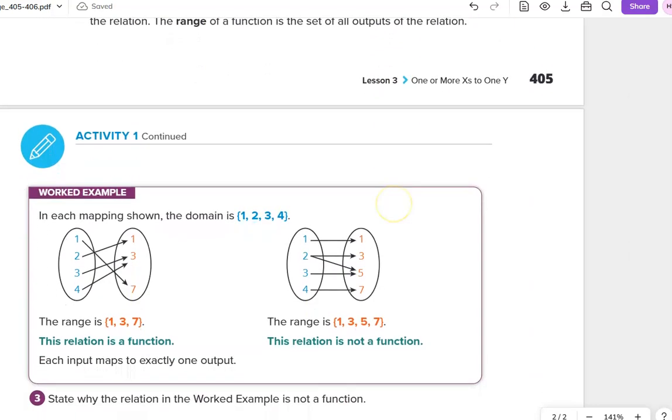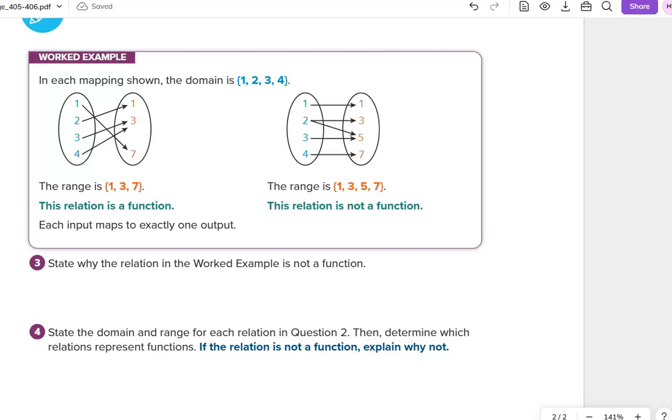Okay, let's go to the next page. It says in each mapping, show the domain is 1, 2, 3, 4. So over here is my domain because those are my inputs. And my range is 1, 3, 7 because those are my outputs.